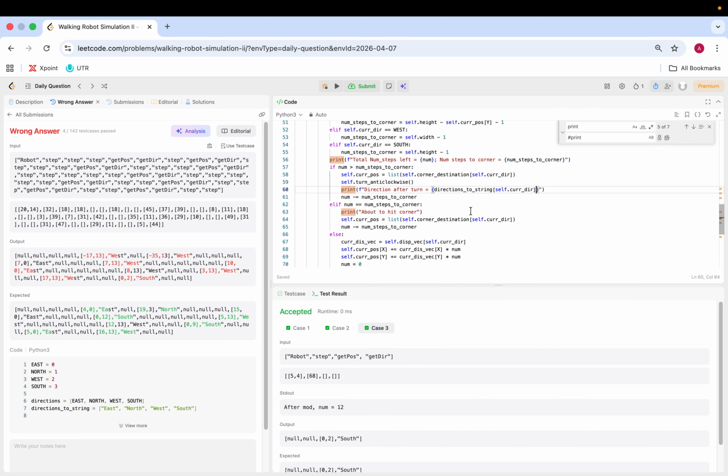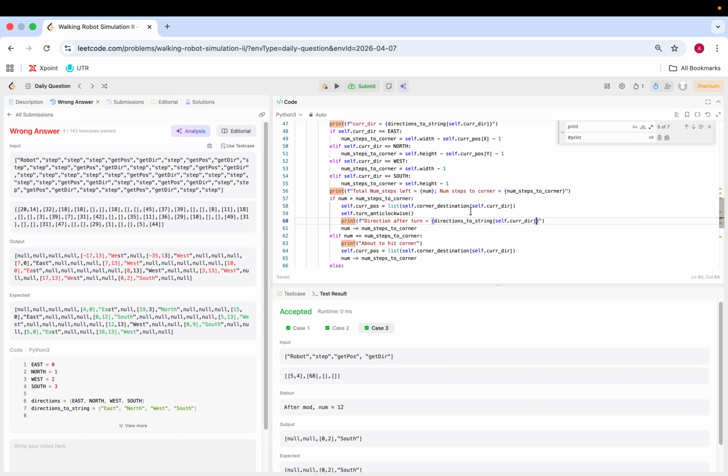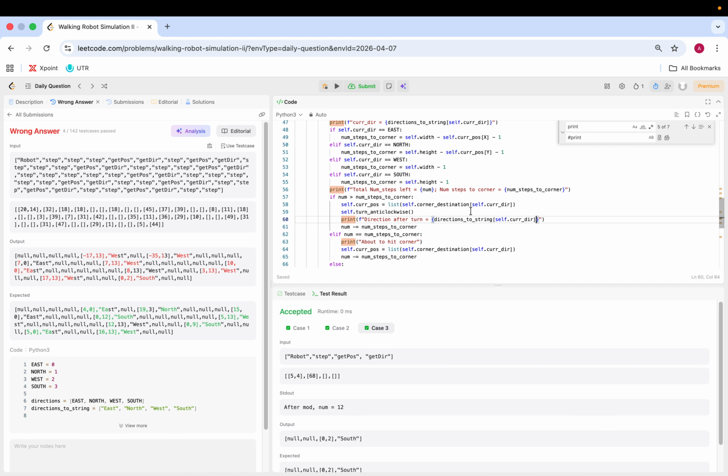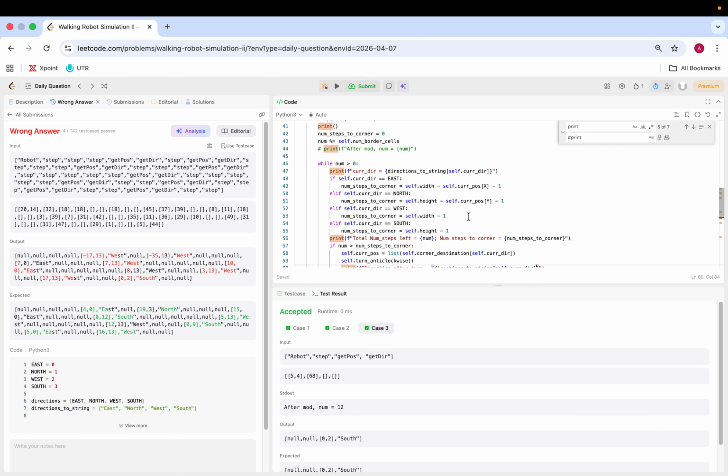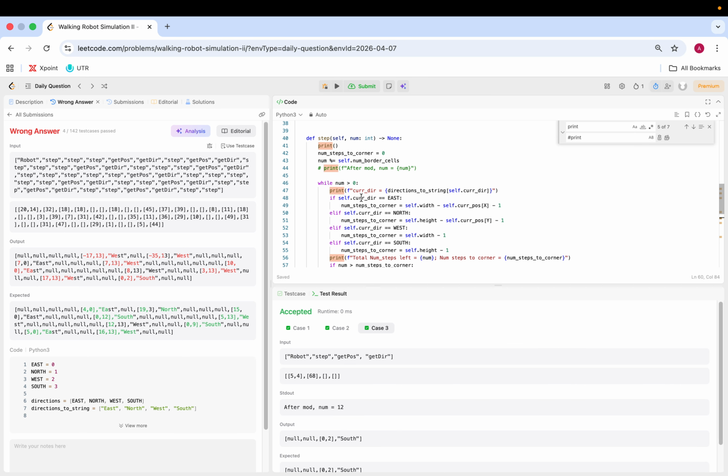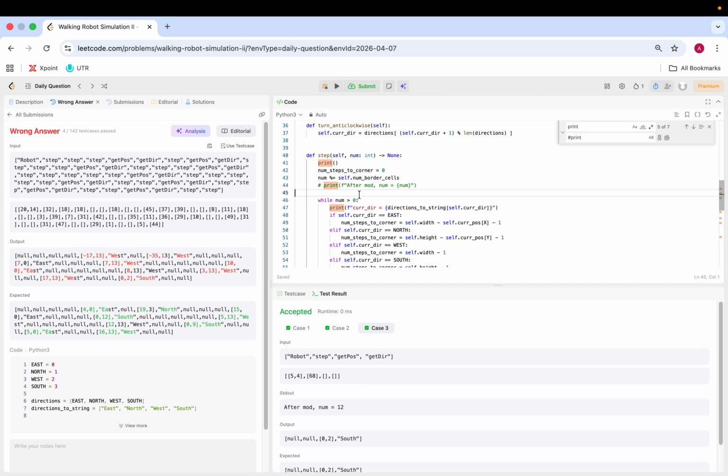Do that here as well. Running step function num equals to num.